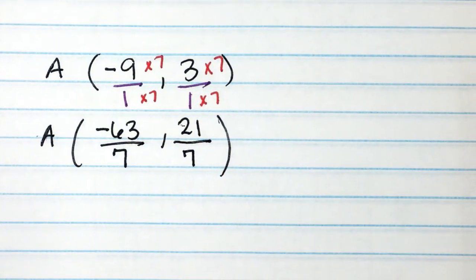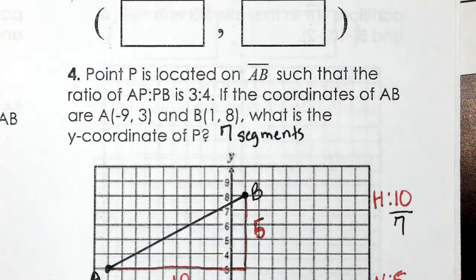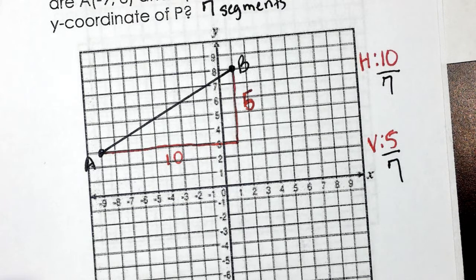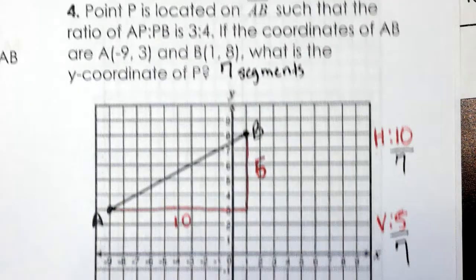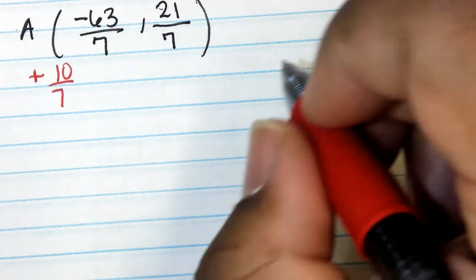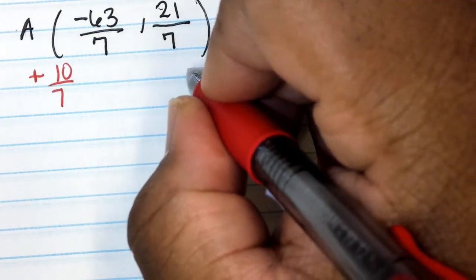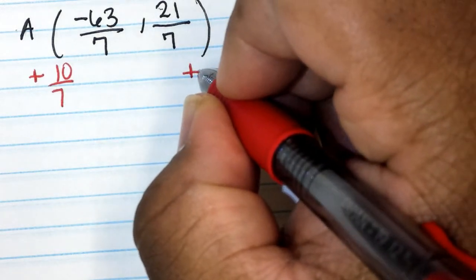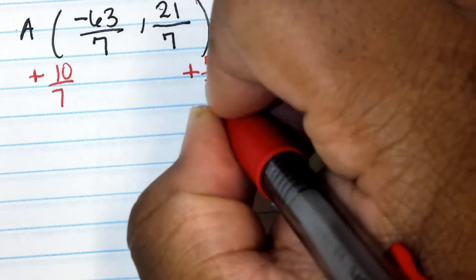All right. Now that I have those, I can take those changes that we had on this page. Horizontal change 10 over 7, vertical change 5 over 7, and they were both positive. So this is plus 10 over 7 here. This is plus the 5 over 7.